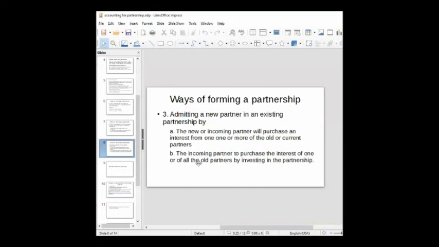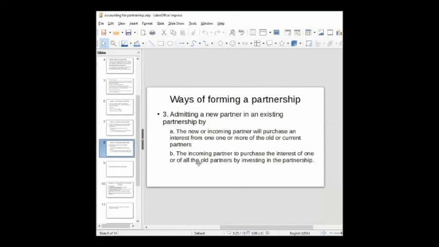So for example, the existing partners are partners A, B, C, and now partner D is coming to join the business, and this partner D can have his capital by buying a part of the interest of the existing partners, or will have a new investment in the business, or make a new contribution to the business.